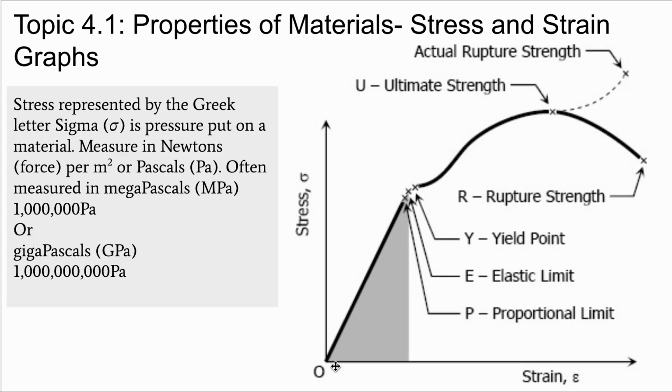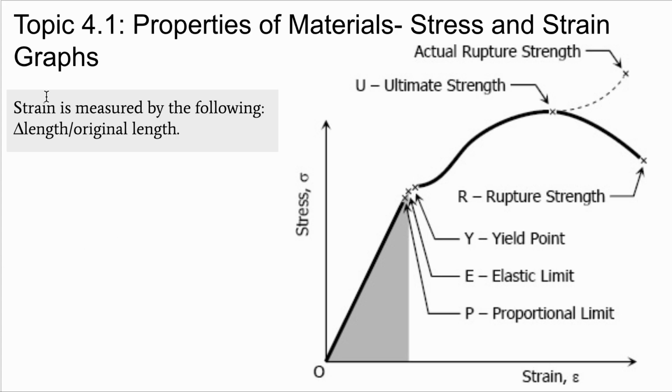So that's this axis right here. That's what you're measuring on that axis. For strain, what we're doing is measuring delta length divided by original length. Delta length will be the change in the length after stress is applied divided by the original length here, and that's what's going to give us the strain.